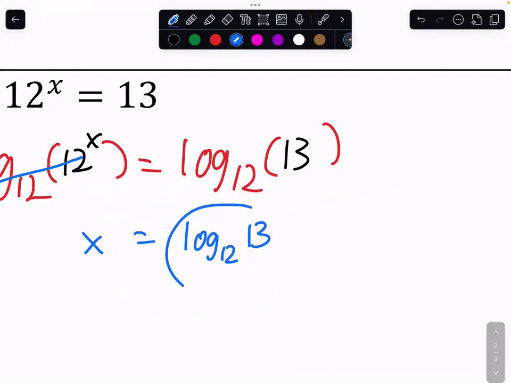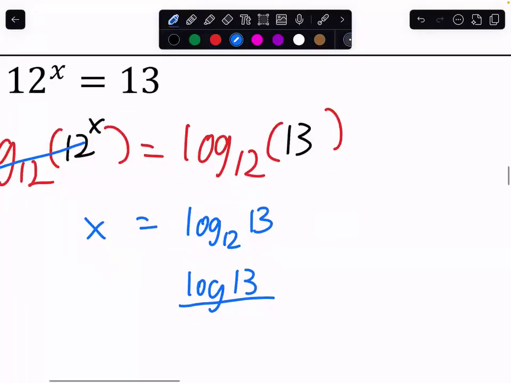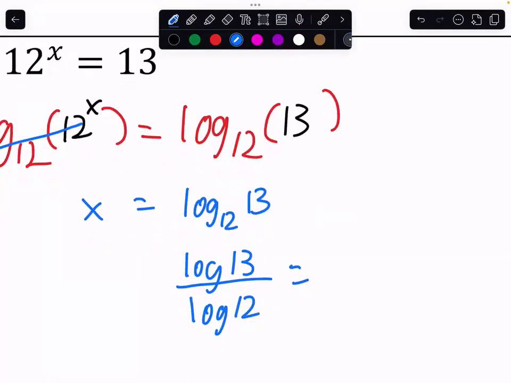Now to approximate this value, here we do need to use a calculator because 13 is not a power of 12. So you could first rewrite it as log of 13 divided by log 12. And then our calculator rounds that to 1.03.